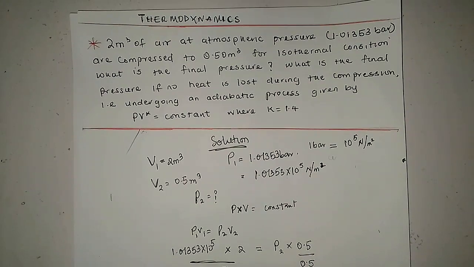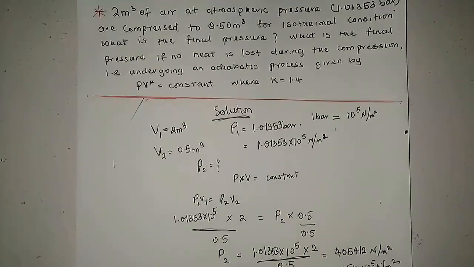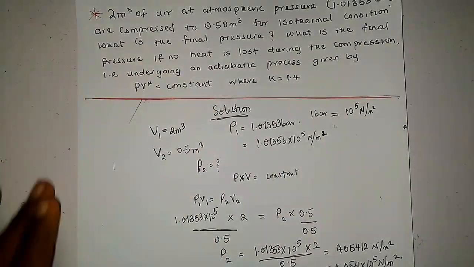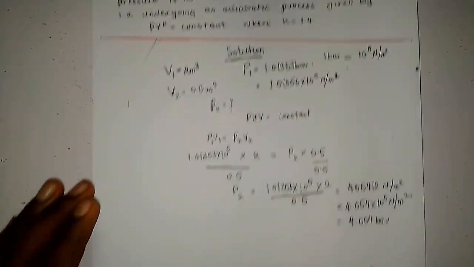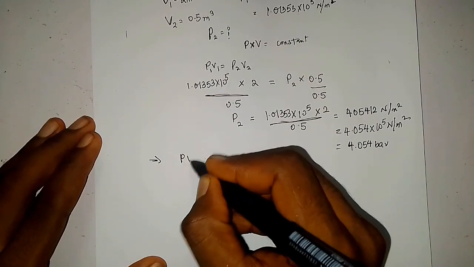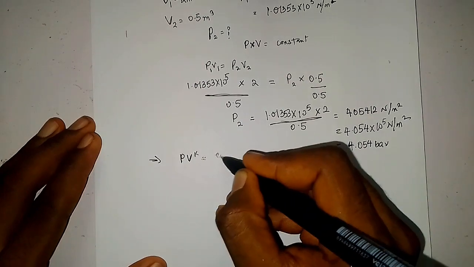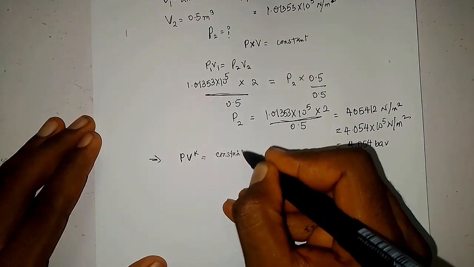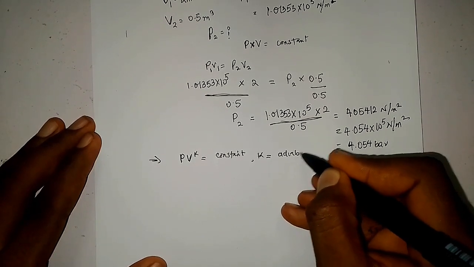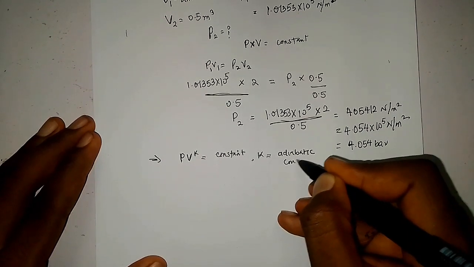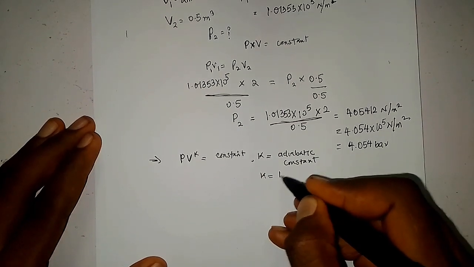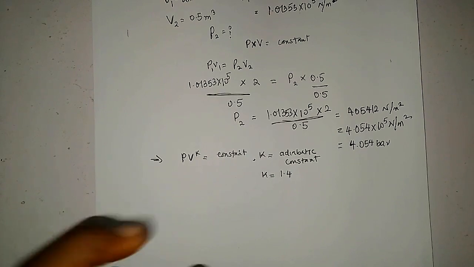They gave us the relationship of an adiabatic process: P V raised to power K is equal to constant, where K is called the adiabatic constant. For air, the adiabatic constant is equal to 1.4. That's what we're given in the question.